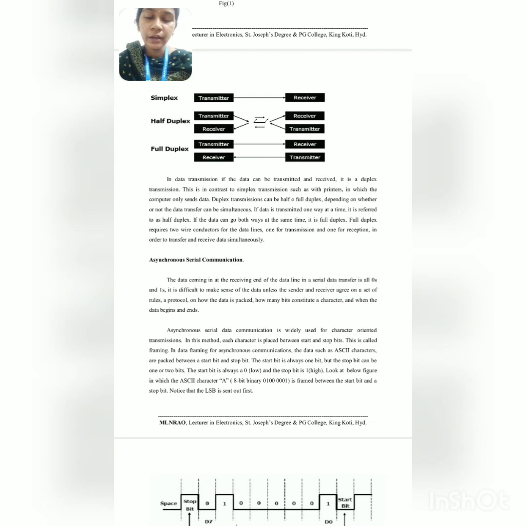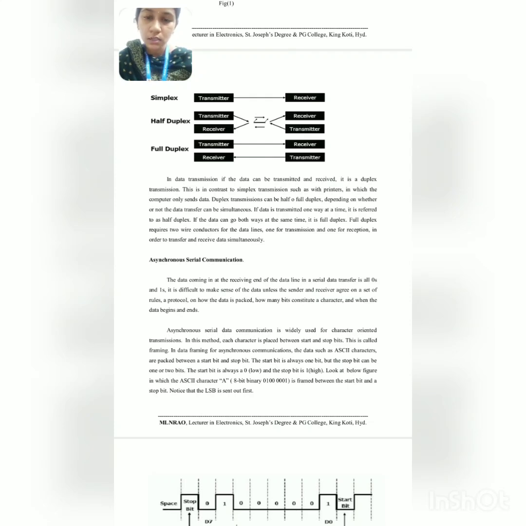If data is transferred one way at a time, it is referred to as half duplex. If the data can go both ways at the same time, it is full duplex. Full duplex requires two wire conductors for the data lines, one for transmission and one for reception, in order to transfer and receive data simultaneously.